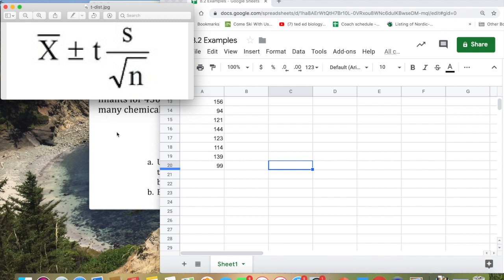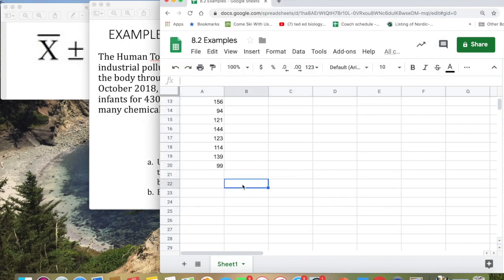We'll be using a t-score because there's not a population standard deviation known, and it is also only 20 samples, which is less than the 30 required to meet the standard for a z-score. But going back to this formula, x bar plus or minus t times sample standard deviation divided by the square root of n, which is the number of samples in our survey.